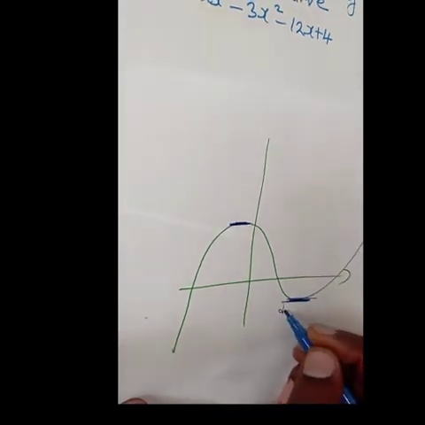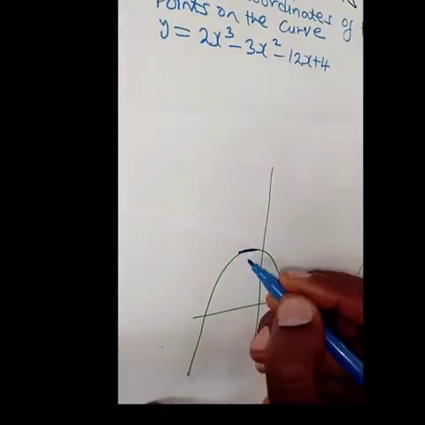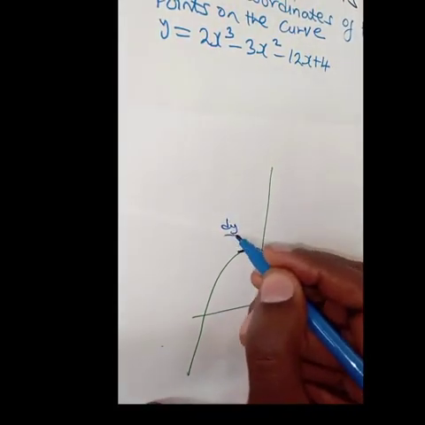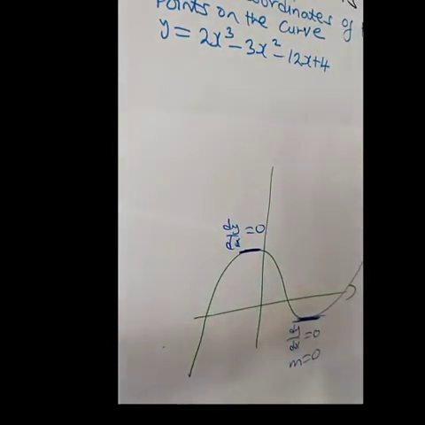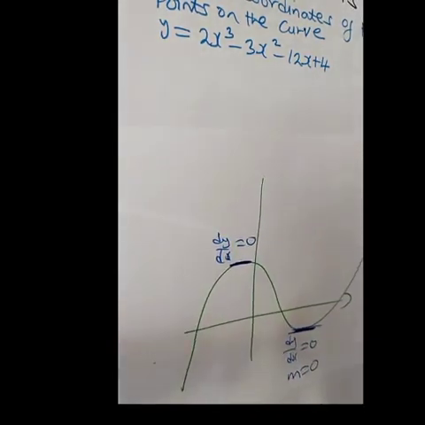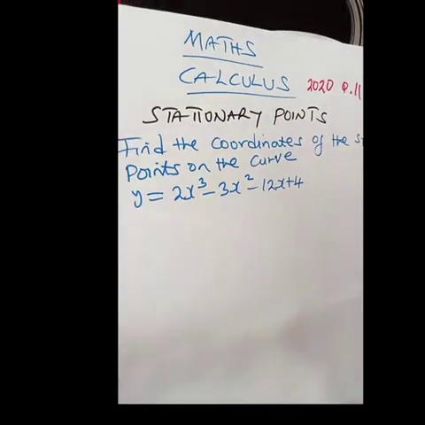So where the curve is turning, the dy dx is 0, meaning gradient is 0. Even here, dy dx is 0, right? Where the curve is turning, the dy dx is 0. You should take note of that. So in this case, they have talked about stationary points. Stationary means turning point. Same thing. So how do you go about it?